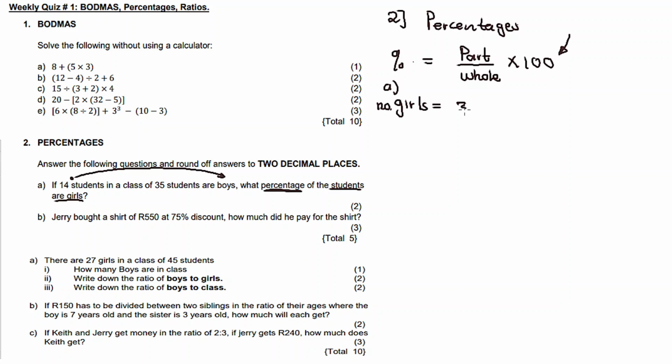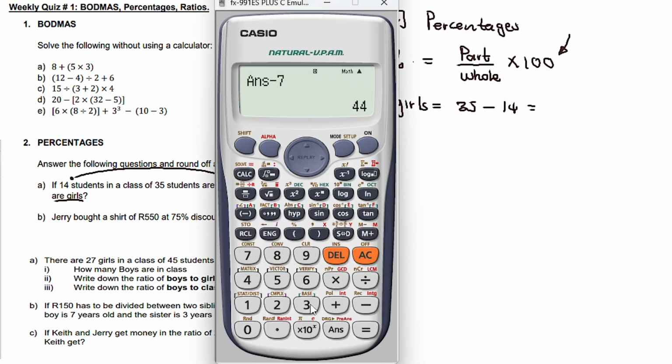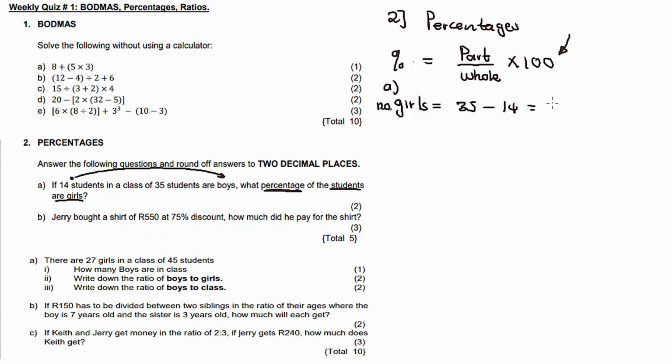It's gonna be the 35, which is the total number of learners or students in the classroom, minus the number of boys, gives us what? A 35 subtracting a 14 gives us a 21. So it means that there's 21 girls in the classroom. So what percentage of girls are in the classroom?